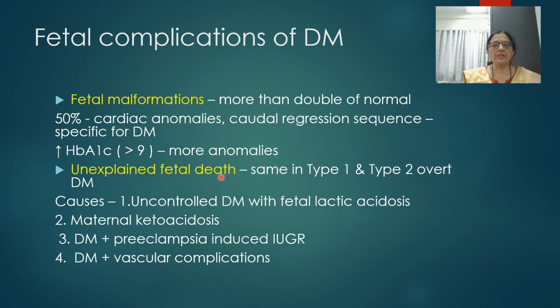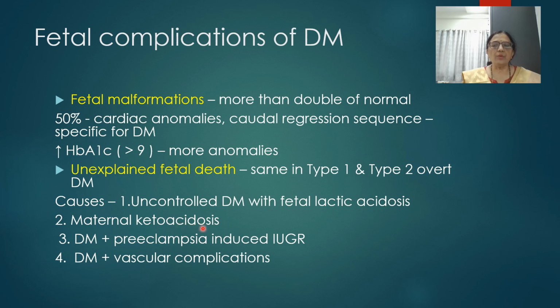Unexplained fetal death, though not very common, is one of the most tragic complications. The prevalence is the same in type 1 and type 2 diabetes. Various risk factors for unexplained fetal death are: uncontrolled diabetes, where it leads to fetal lactic acidosis, and this fetal lactic acidosis leads to intrauterine death.